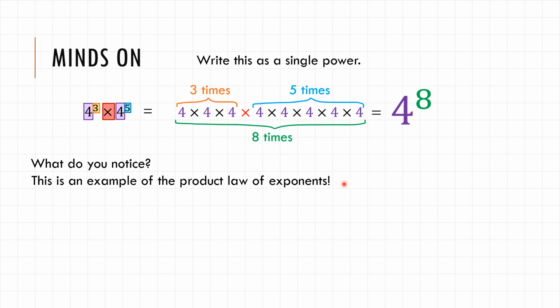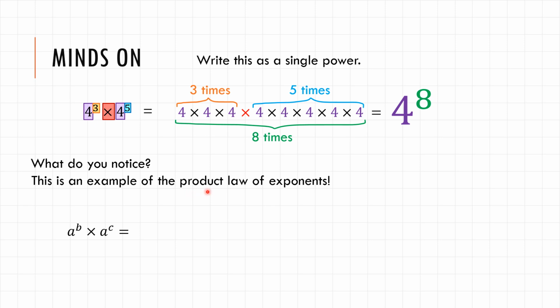Mathematicians invented or discovered this because they didn't want to write it in expanded form every single time. They wanted a way to look at something like this and simplify it. When you have 2 powers that are being multiplied, that's why it's called the product law, right?